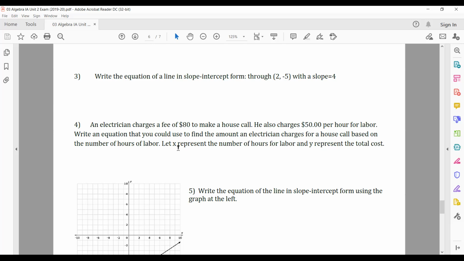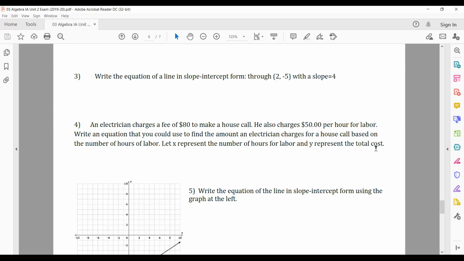Because it says in the end here, let x represent the number of hours for labor and y represents the total cost. Y is always the total because it depends on everything else that you do in the problem. The $80 is a constant. That's what b is. It's one spot. It's one number.